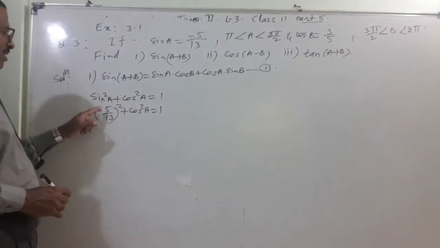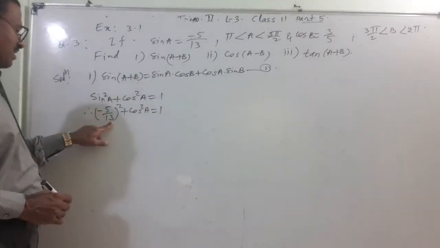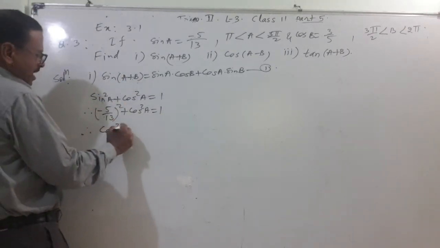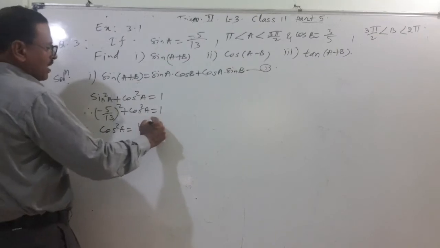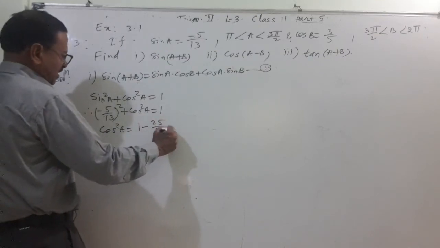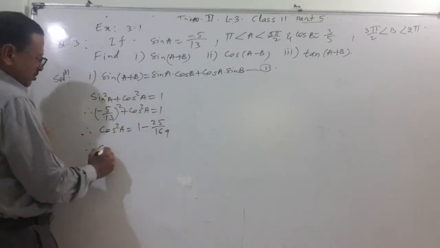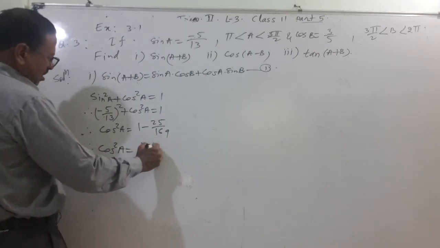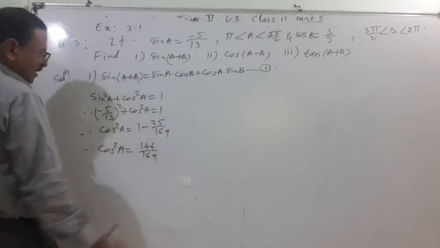Therefore, this will be 25 upon 169 positive. On that side it will become minus. So cos square A is equal to 1 minus 25 upon 169. Therefore, cos square A is equal to 144 upon 169.